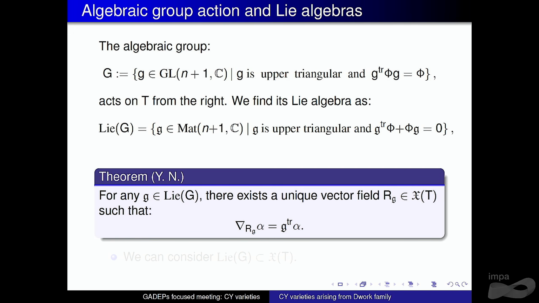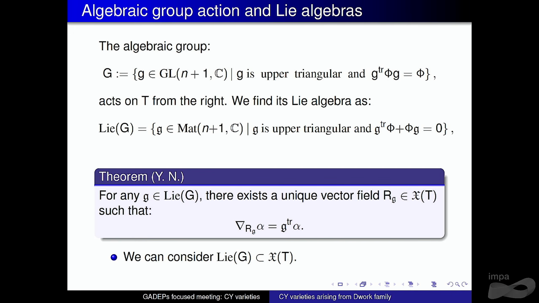So, to any element of the Lie algebra, we associate a unique vector field. And we can say that somehow this Lie algebra is a subspace of the space of the vector fields of the T, our modular space.